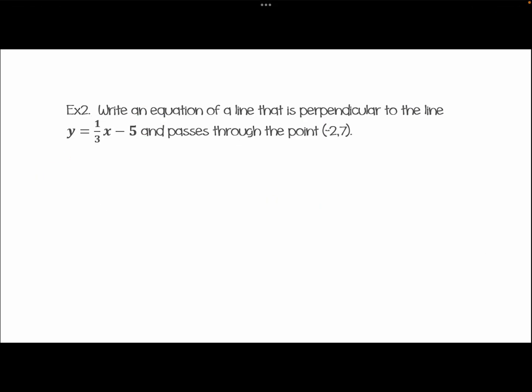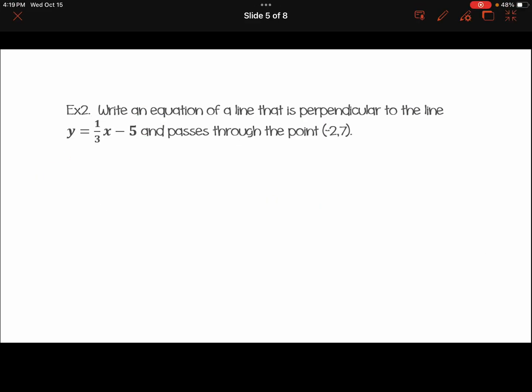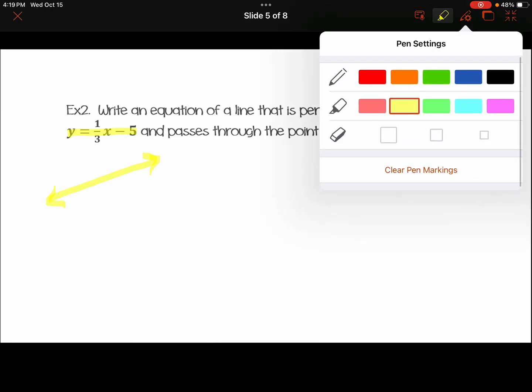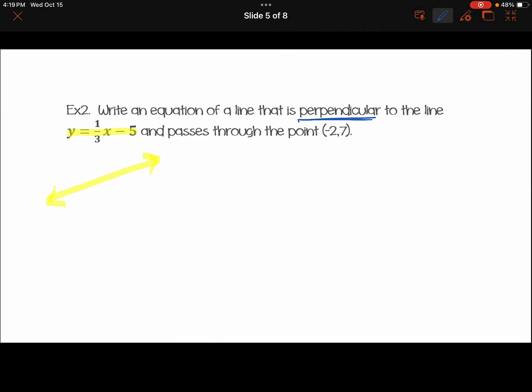All right, let's go ahead and look at example 2. So I have this line right here. And I want to come up with a line that is perpendicular and passes through this random point. I want it to be perpendicular.